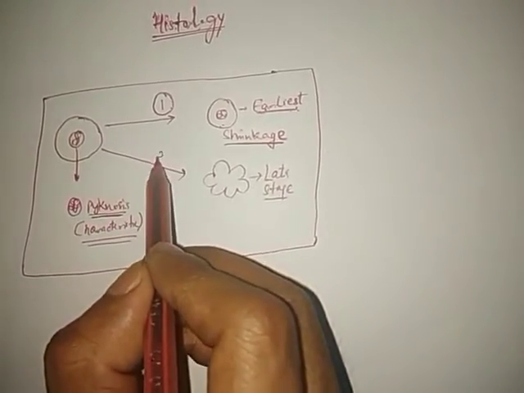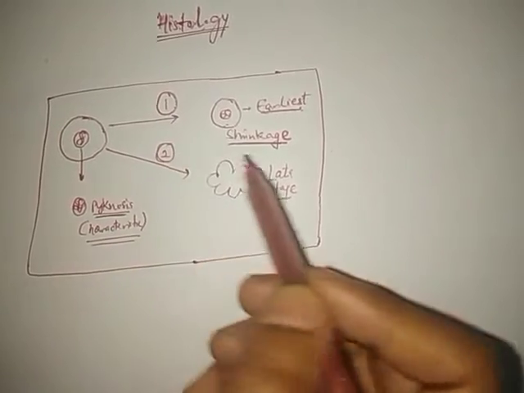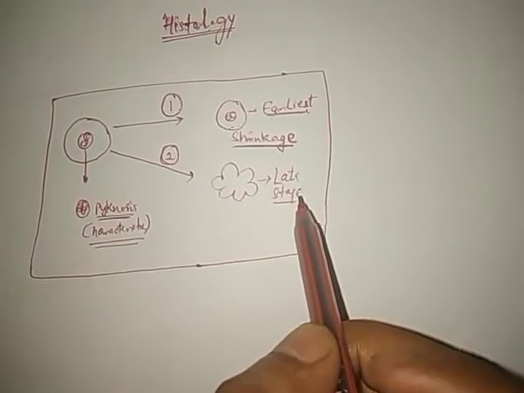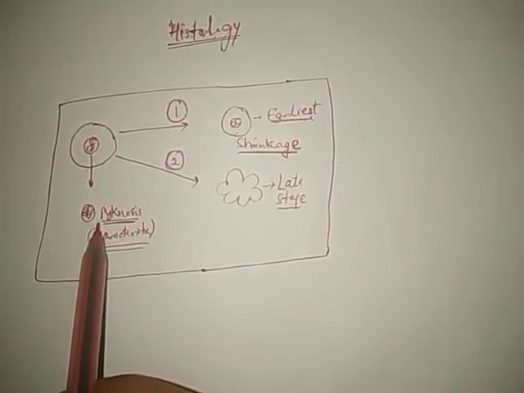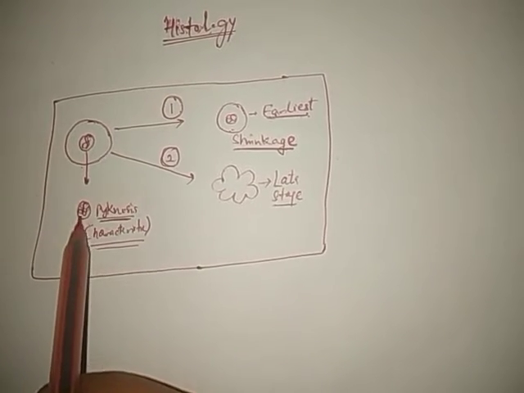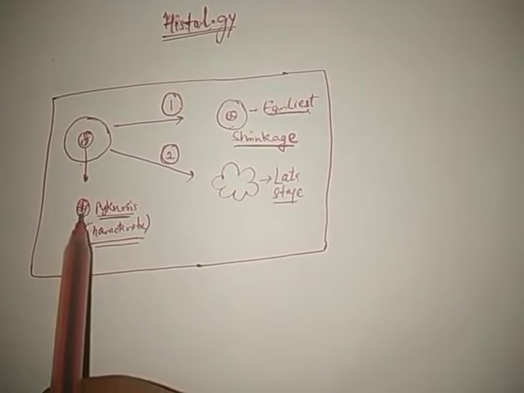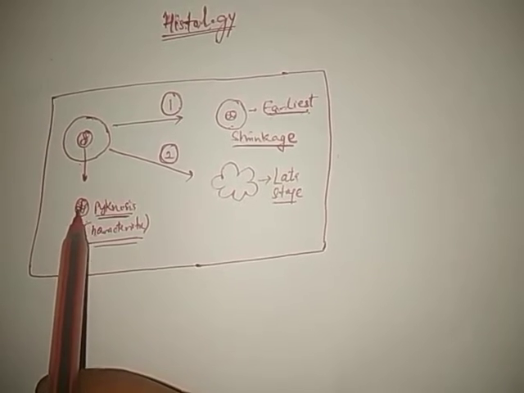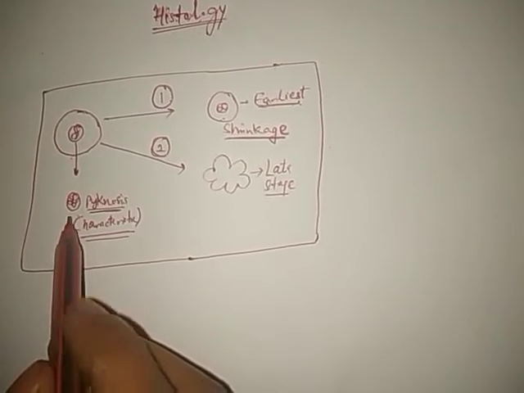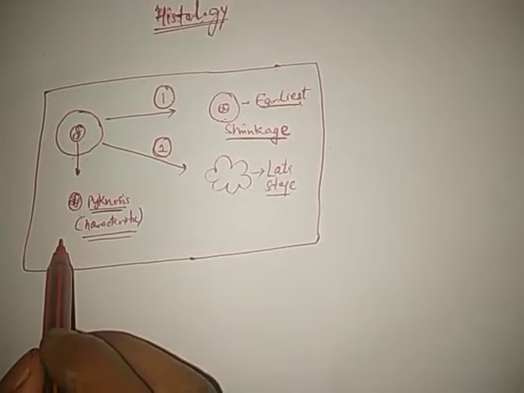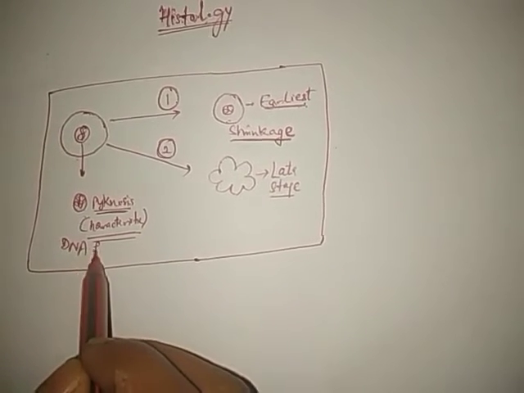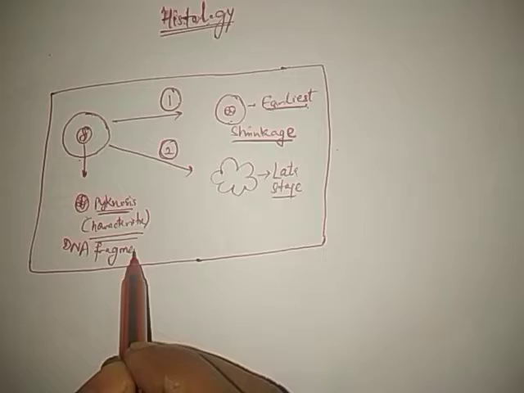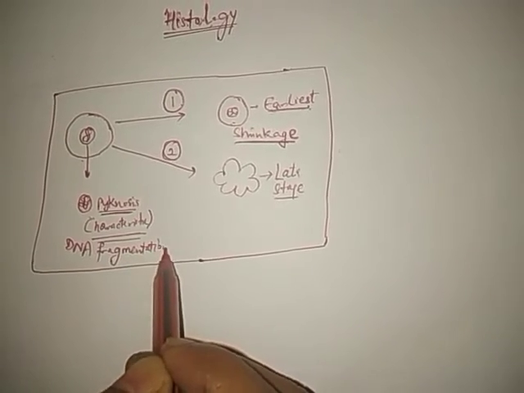Then we also see the apoptotic blebs in apoptosis, which are seen in the late stage, and we have nuclear condensation or chromatin condensation, which is the characteristic feature. Later this chromatin or DNA sometimes dissolves and we see DNA fragmentation.